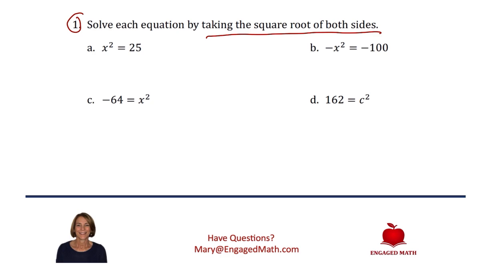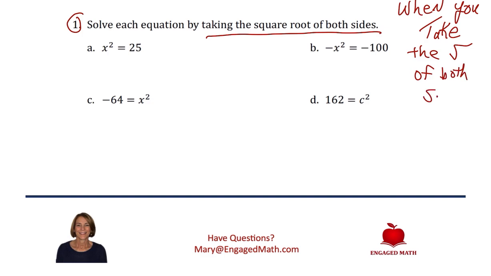So one thing to remember, this is such an important concept and such a common error for students in algebra. I'm purposely being very dramatic about this: when you take the square root of both sides of an equation, remember plus minus.